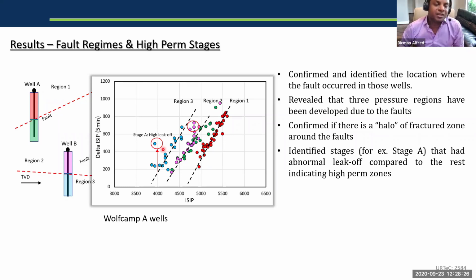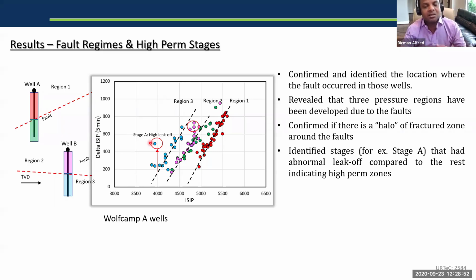What's the other thing that comes out of this? It's these high leak-off zones. For example, this one here, these things here. If something is not in zone, so you're looking at a collective view of the stages, something that's outside the variance of this, I would interpret this as a very high permeability zone. It could have a small fracture, or it could have something natural.